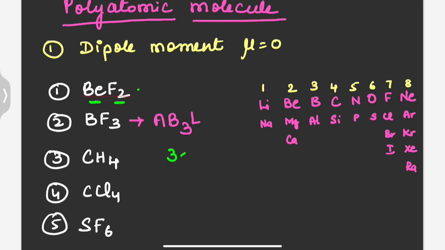Out of these 3, one will be used for bonding with one fluorine, another with another fluorine, and another with the third fluorine. So the 3 electrons will be used by the 3 fluorine atoms for bonding. Therefore there is no lone pair of electrons present.